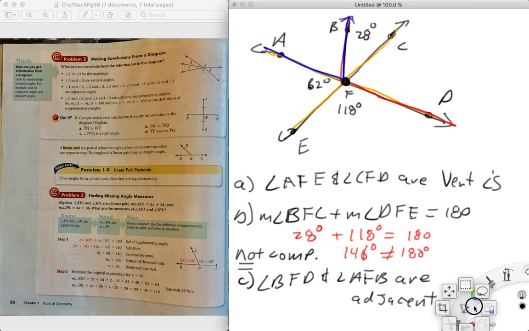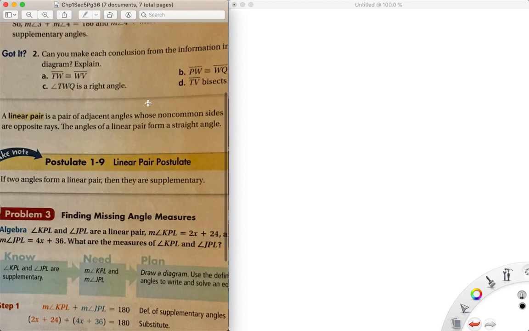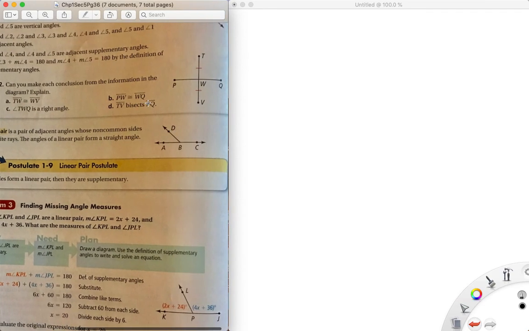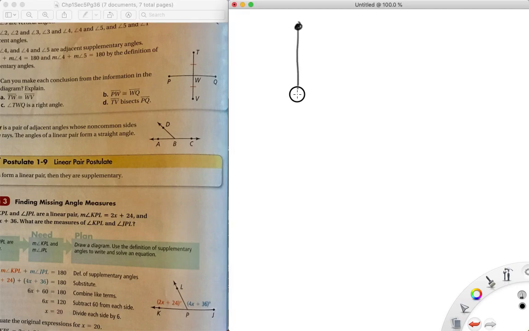All right, let's see more examples. Let's go down here. All right. So we have this thing, and they want to know what we can conclude and what we can't conclude, and things of that nature. Okay, so we have two segments.